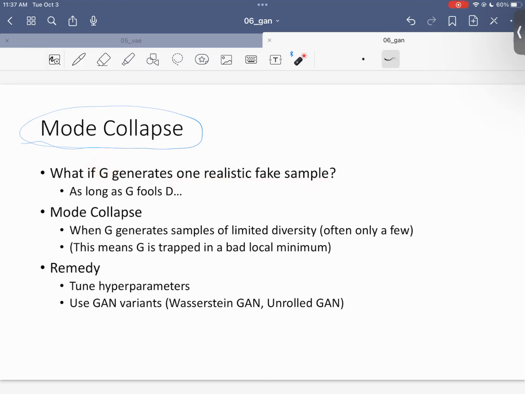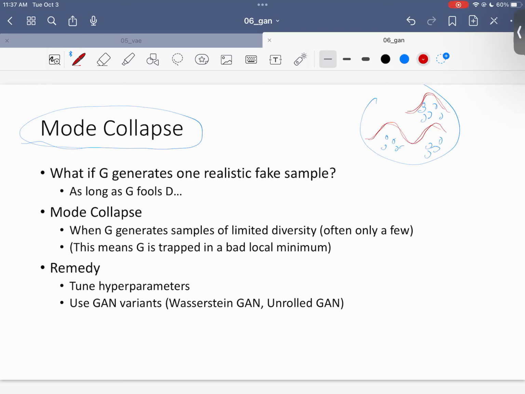Remember my analogy about the space, with all the dog images here, all the cat images here, all the people images here, and then a 3D density function. What we would like G to do is approximate this probability density function of X, or Px, as accurately as possible.